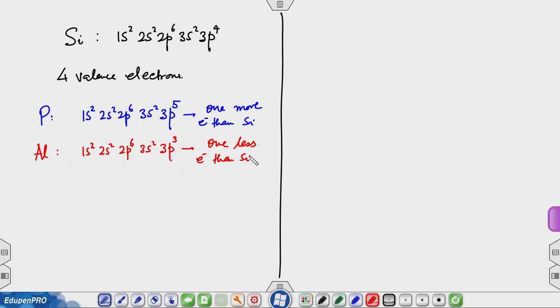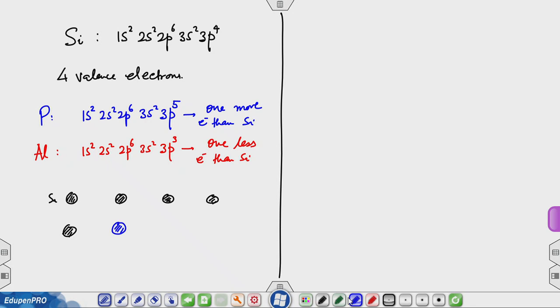Now, let us substitute some of the atoms in silicon crystal by, say, phosphorus or aluminum. Let us do it one by one. So, let us take phosphorus first. Here are these silicon atoms. I am just making it symbolically, and I put a phosphorus atom here.